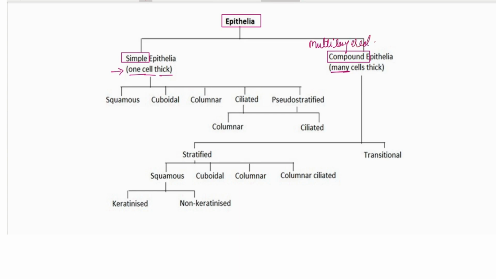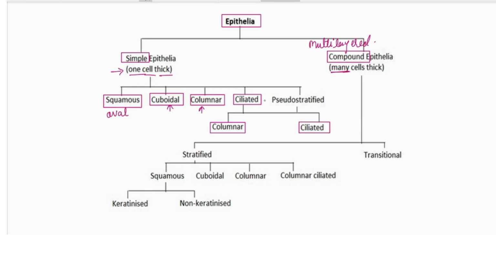But if it is a single layer, okay, that is fine, but the single layer may have different shapes of the cell. Maybe it is oval shape, maybe cuboidal shape, maybe columnar shape, means column shaped. Maybe if it is columnar or cuboidal, but if they have upper free surface ciliation, then it could be columnar ciliated or ciliated cuboidal epithelium.